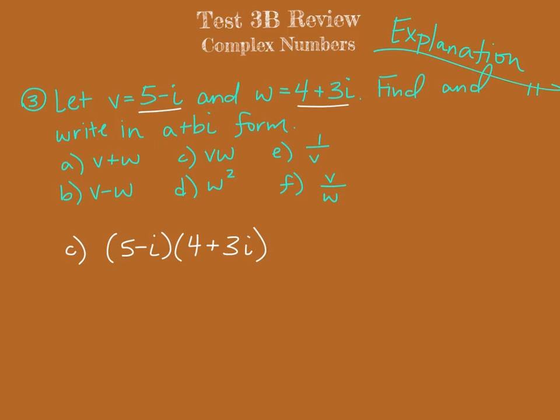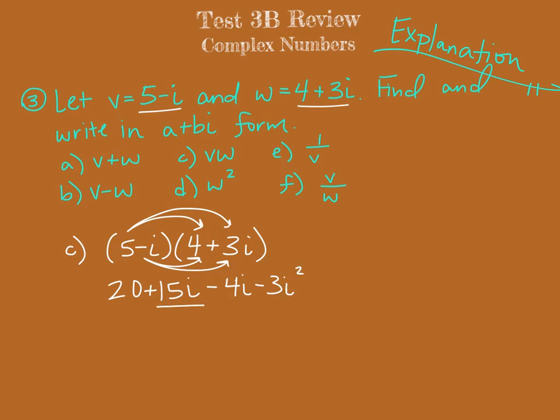When we multiply, we want to make sure that we end up with 4 terms here because we have a binomial times another binomial. So I'm going to first distribute the 5 through, so we'll get 20 plus 15i. Then we want to distribute the negative 1i through, and we'll get a minus 4i and a minus 3i squared.